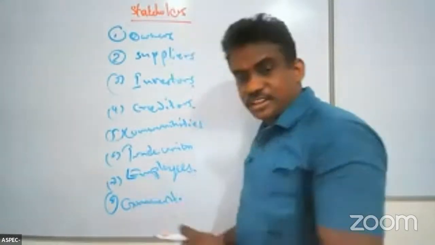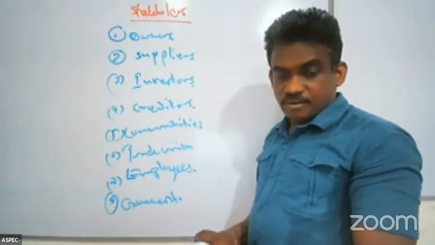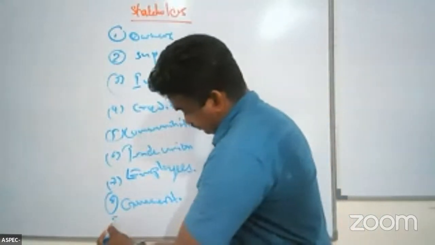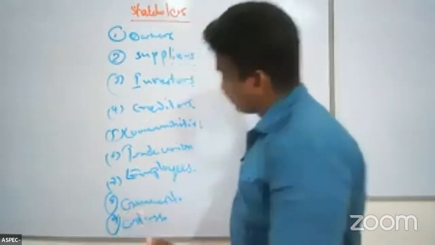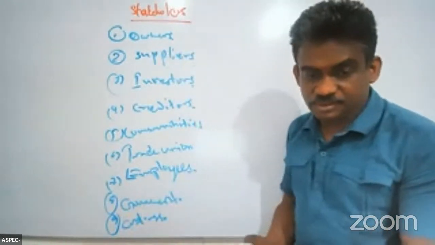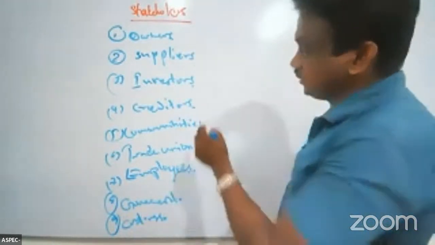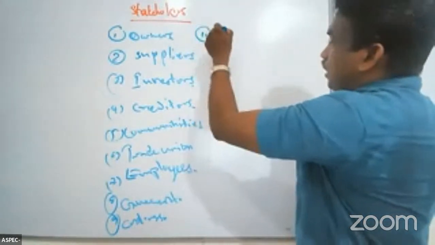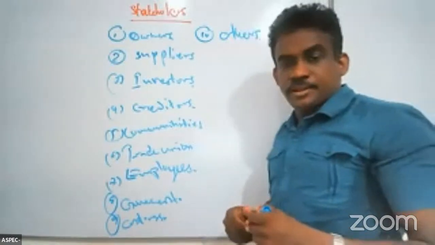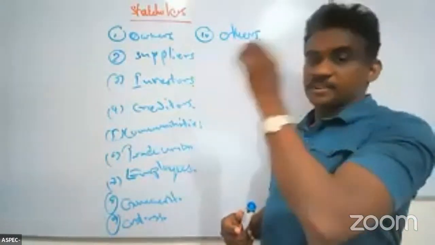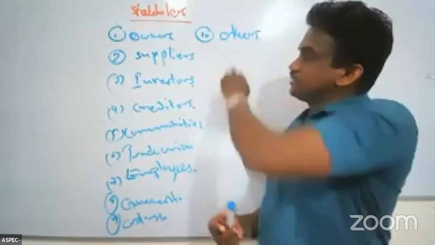Government means government and government agencies, right? Customers, then we can say others: any individual or group who are interested in the business.